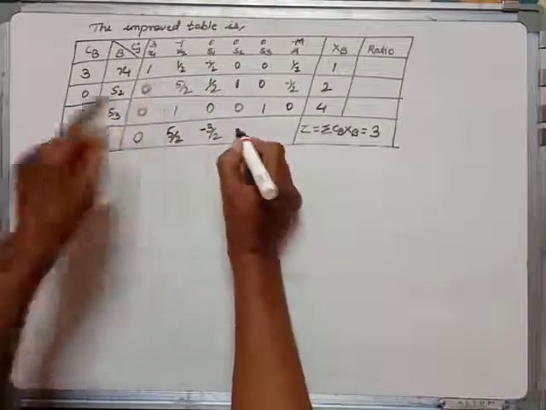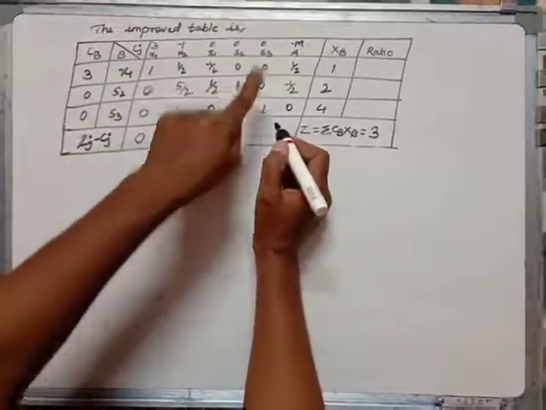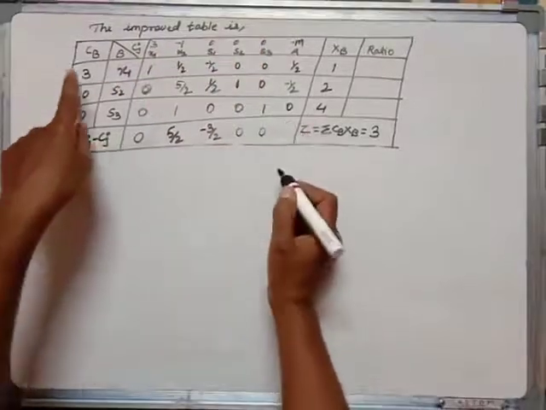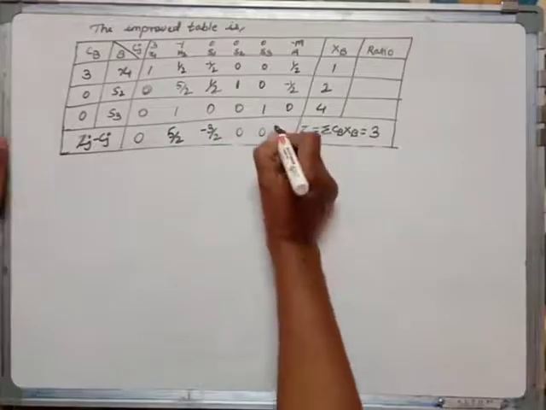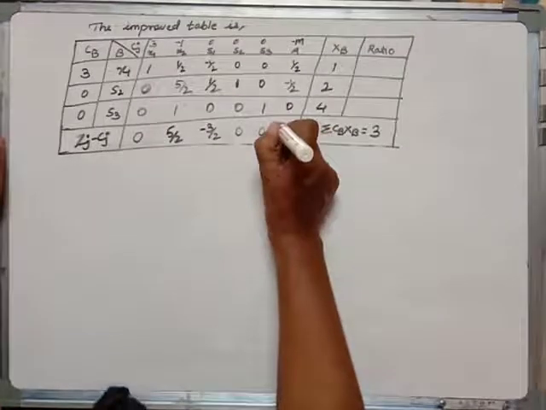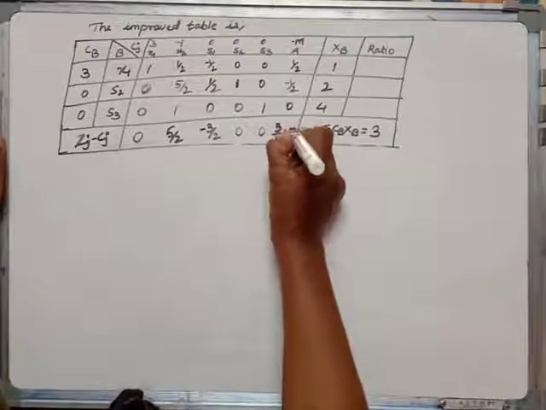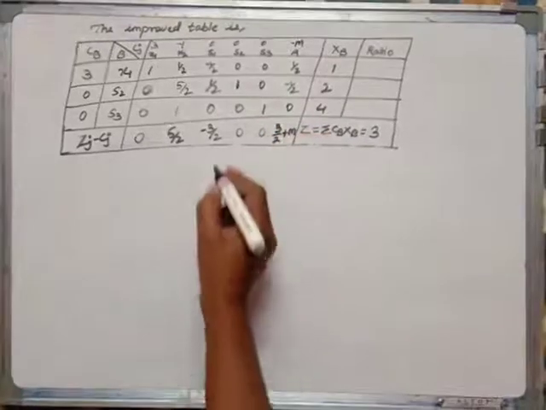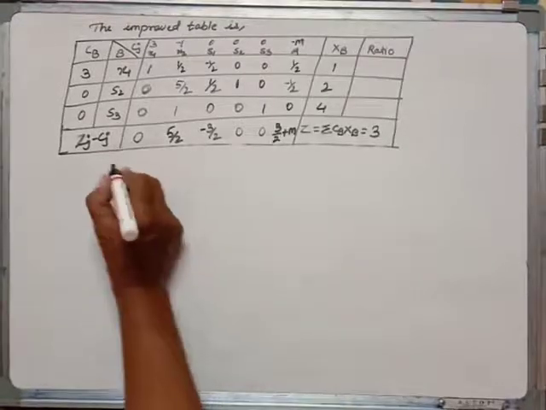0, 0, 0, so 0. Here again 0, 0, 0 minus 0, so 0. Then 3 by 2, 0, 0 minus minus plus M. So here I get 3 by 2 plus M. Okay. So now one entry is negative, which means this is not the optimal solution.